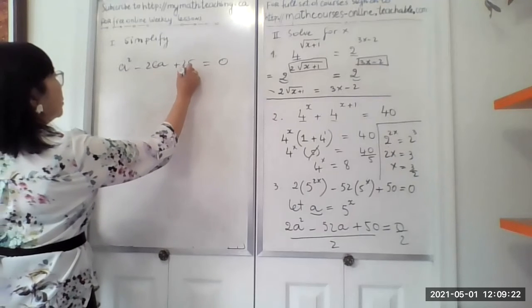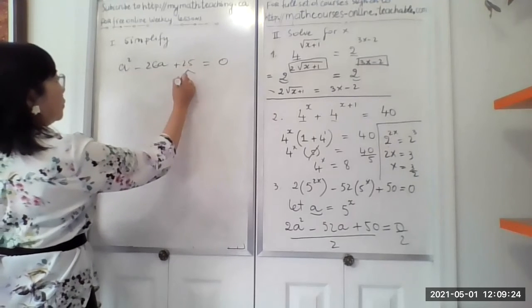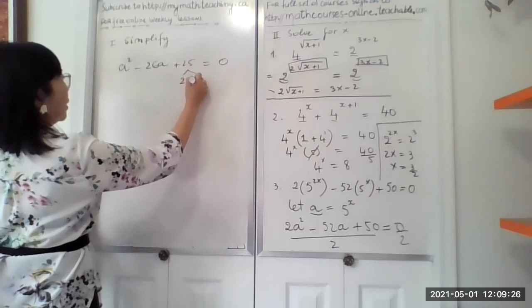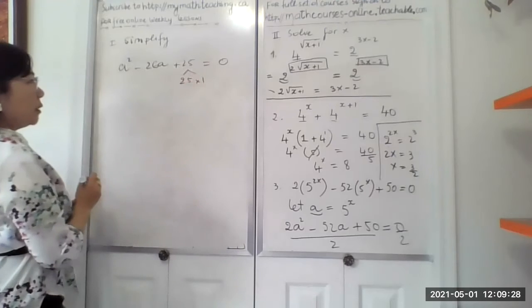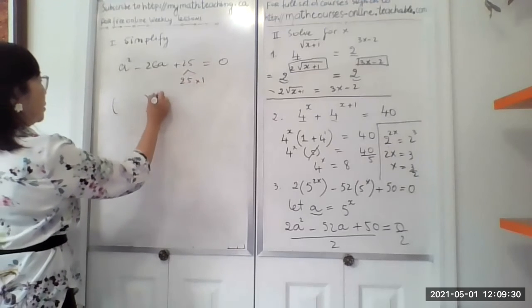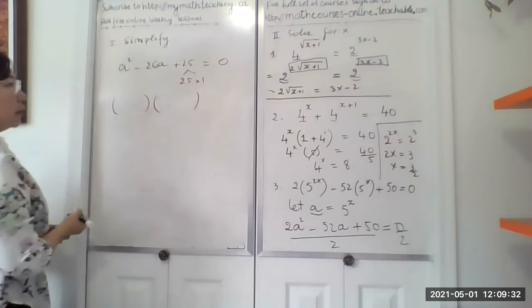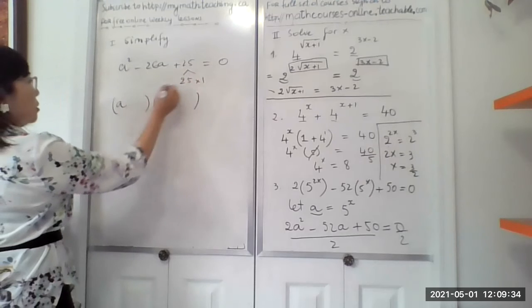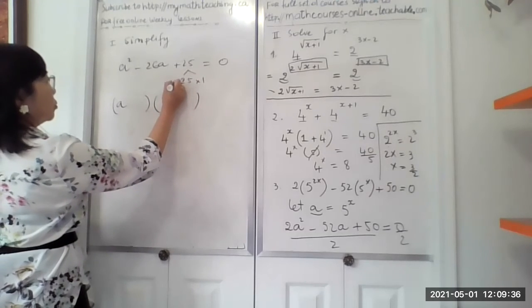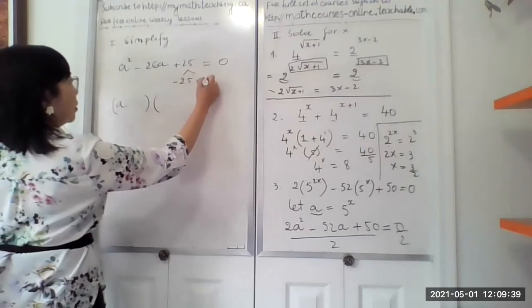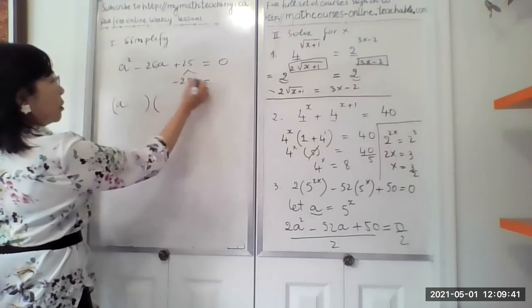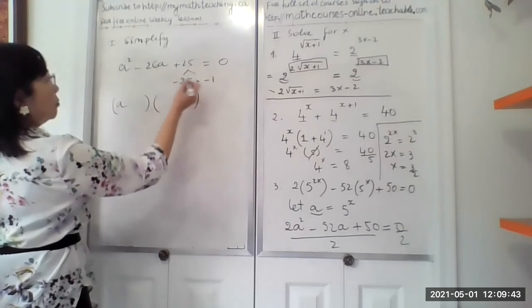So at this point, I treat this as a quadratic function. I have 25 times 1 to split it. So I will split them to become 2 brackets, I factor out. The first number will go in here, and I make sure when I add these 2 numbers, I assign the correct sign for each of them.